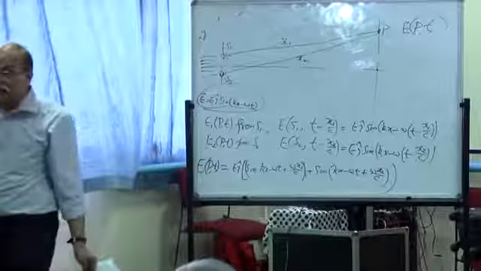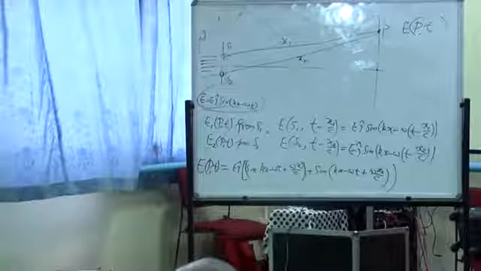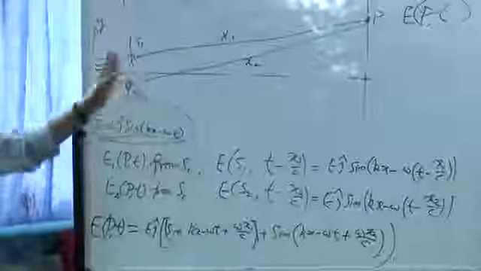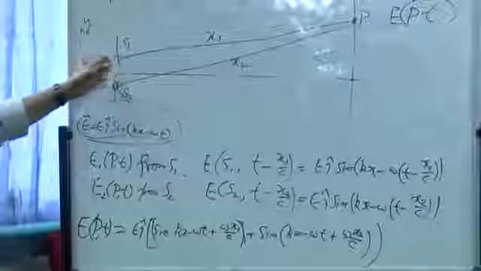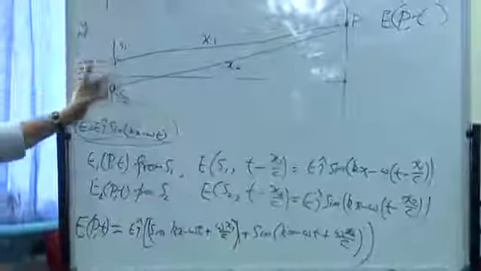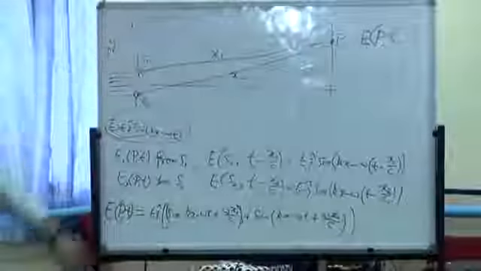I have added vectorially; both of these were in the j cap direction, so I can add the magnitudes. The whole thing will be in the j cap direction. This x I am writing for the slits, this position, this time. This is the resultant electric field.